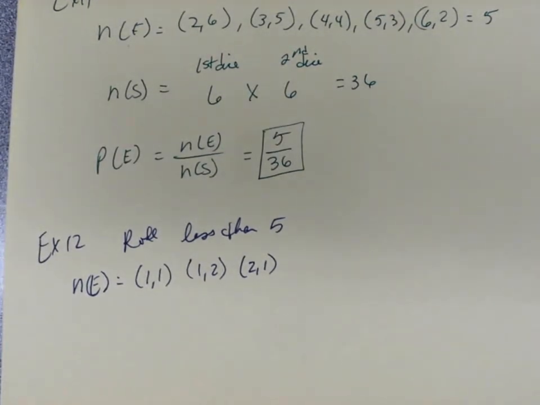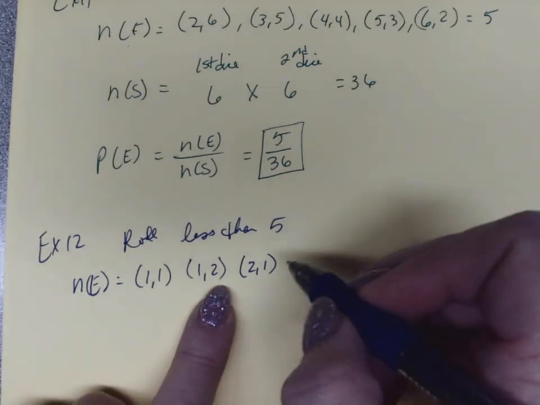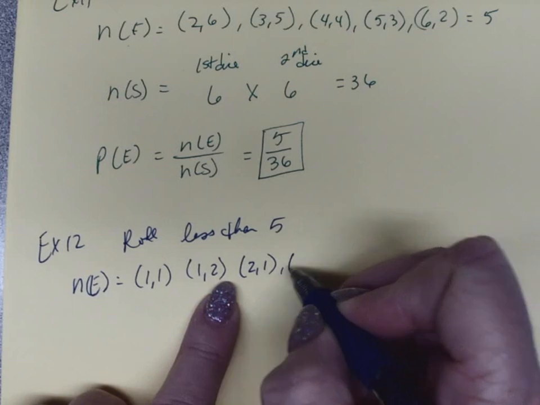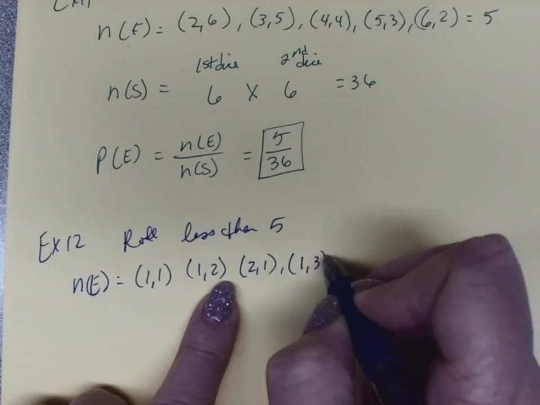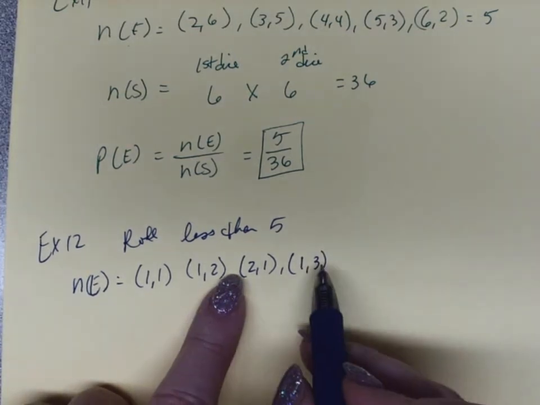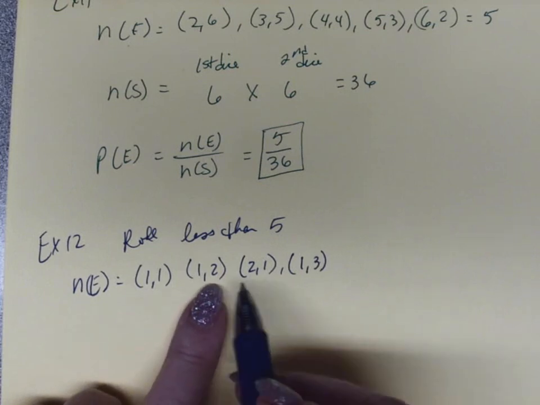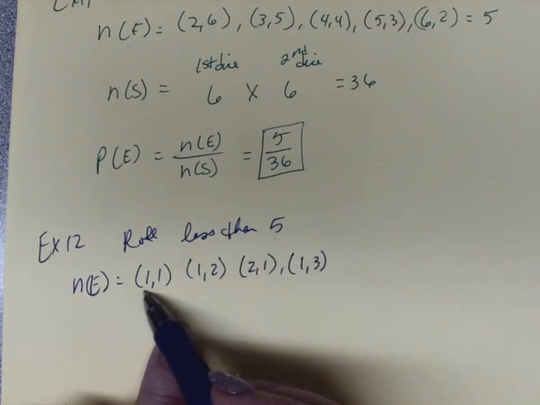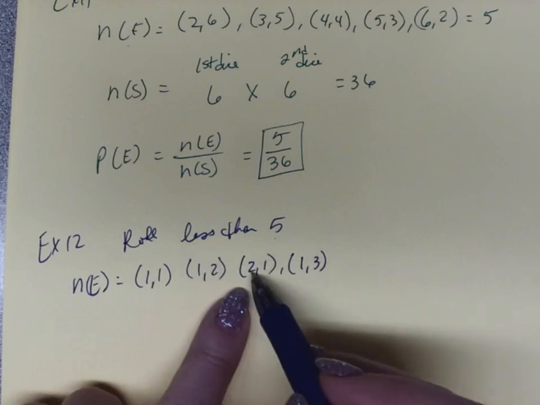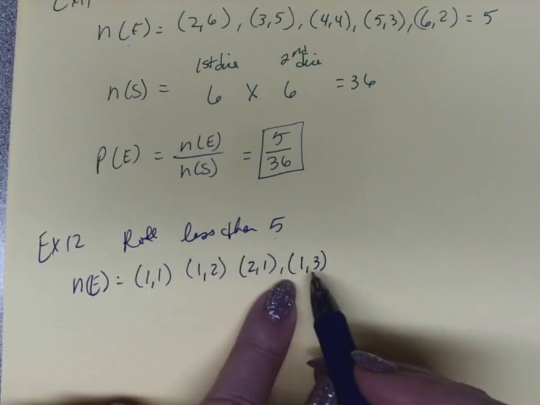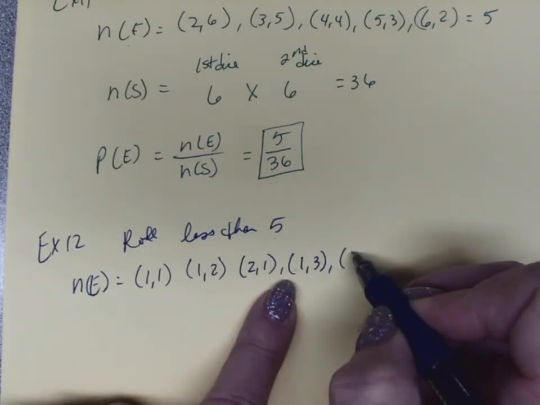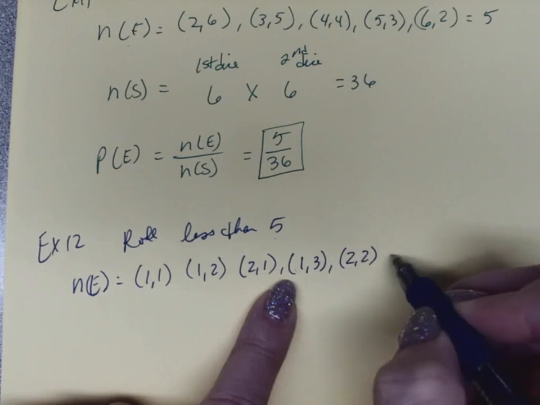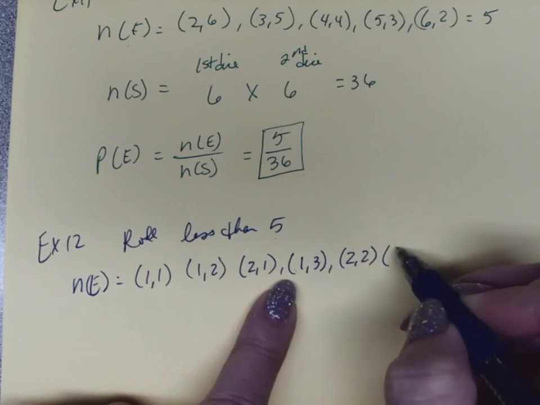My handout or my notes say 4, so we're going to go with the handout. I can also have a 1 and a 3. I would have put these in other order if I had realized that. So less than 5, because I can add up to 4. So that's 2, that's 3, that's 3, this is 4. I can get a 4 with a 2 and a 2, and I can get a 4 with a 3 and a 1.